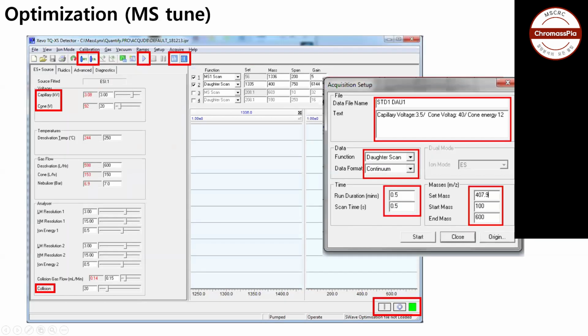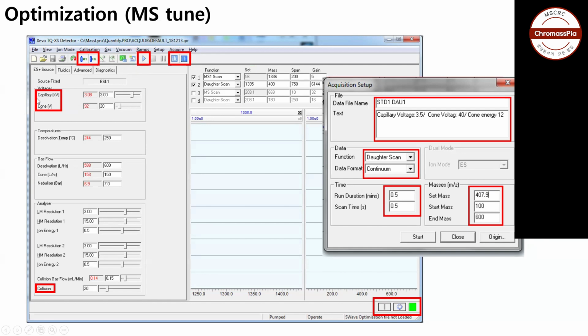And when the sample is infusing, we can do some work in this page, the ESI source page. First, capillary and cone voltage. We can manually change these voltages in steps of about 0.5 and find the result where the intensity is highest.